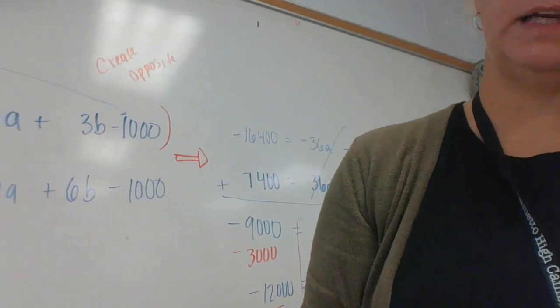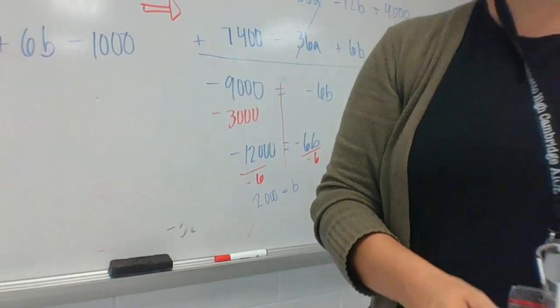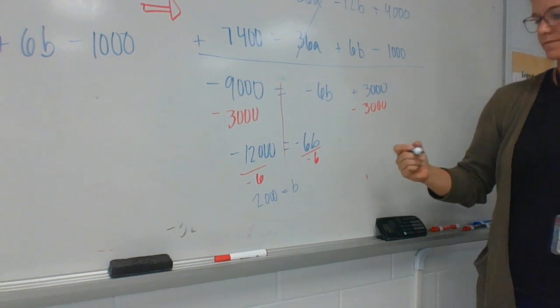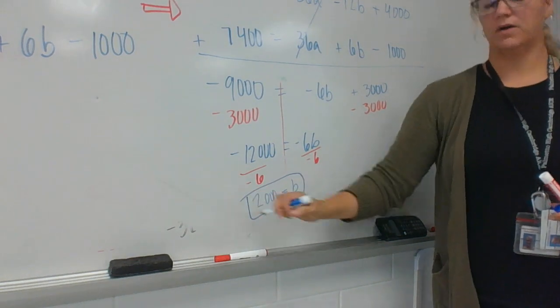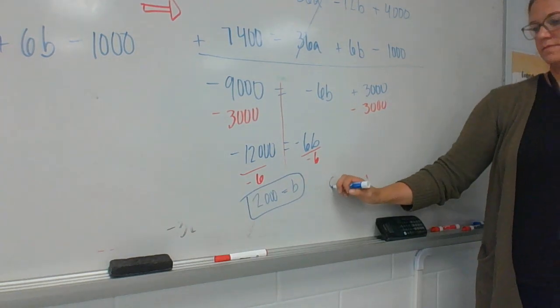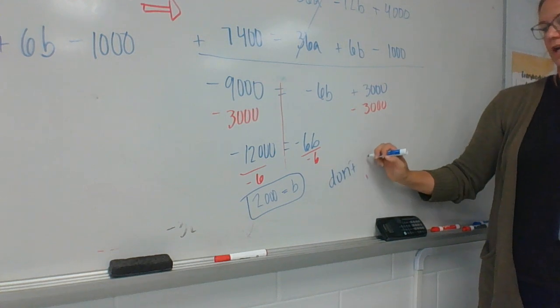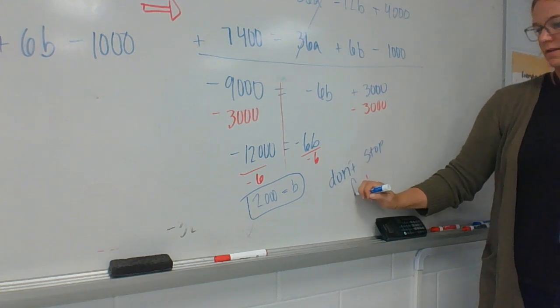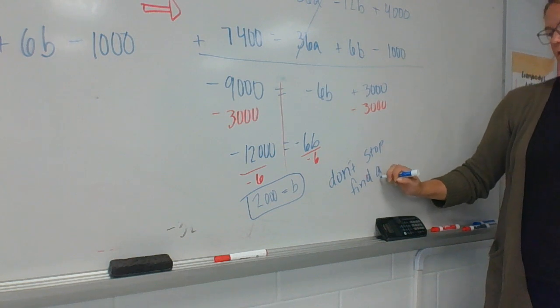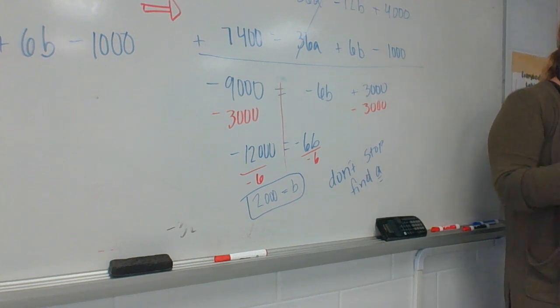So, Aiden, did you get B as 2,000 in your method? Yes. Okay, now don't stop. You got to go back and find A. So once you get one of them, you have to go back and find the other one. Okay?